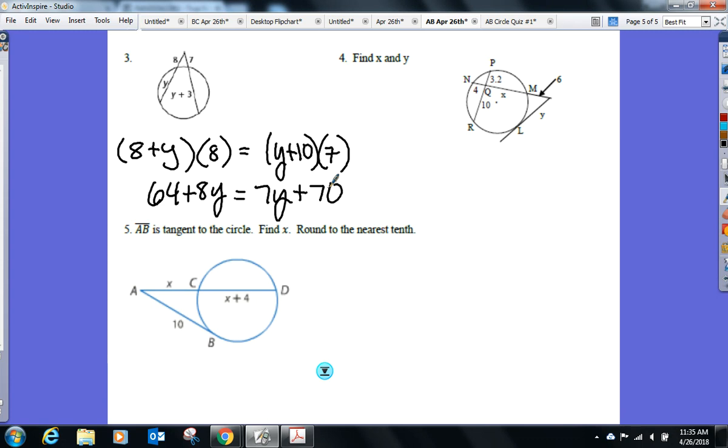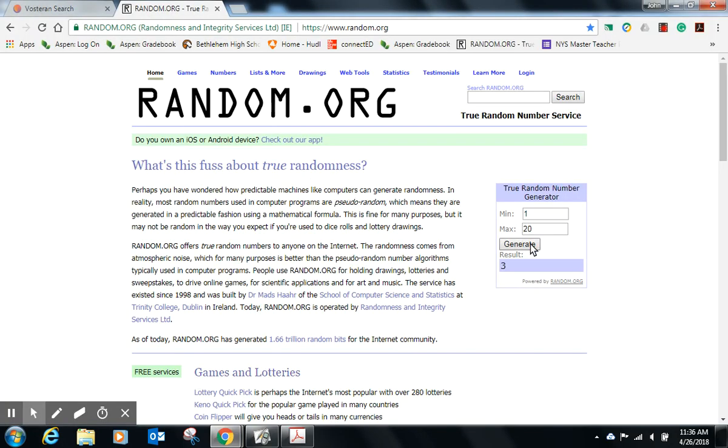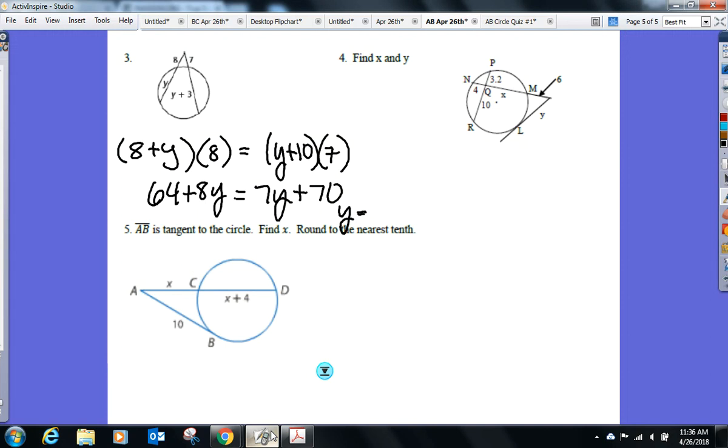This one should be a whole number, right? Three. What do we end up with? Y equals?